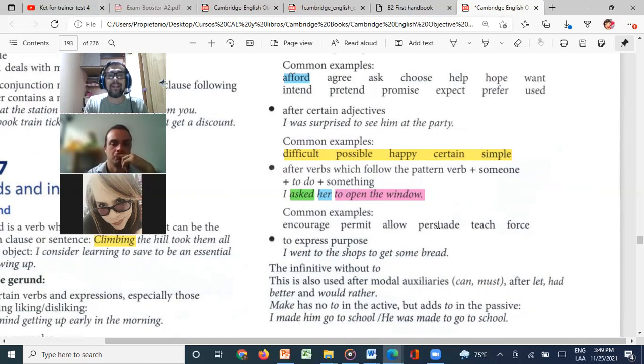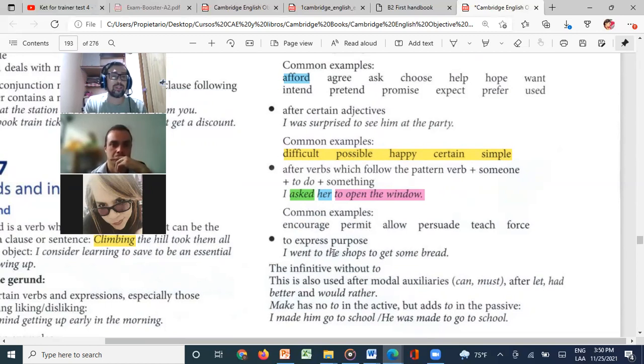And some common examples, you can say, I encourage my student to keep going, or to continue with the classes, right? Or I permit my class to leave early, right? Or allow, persuade, teach, force, okay? So these are very common regarding these ones.